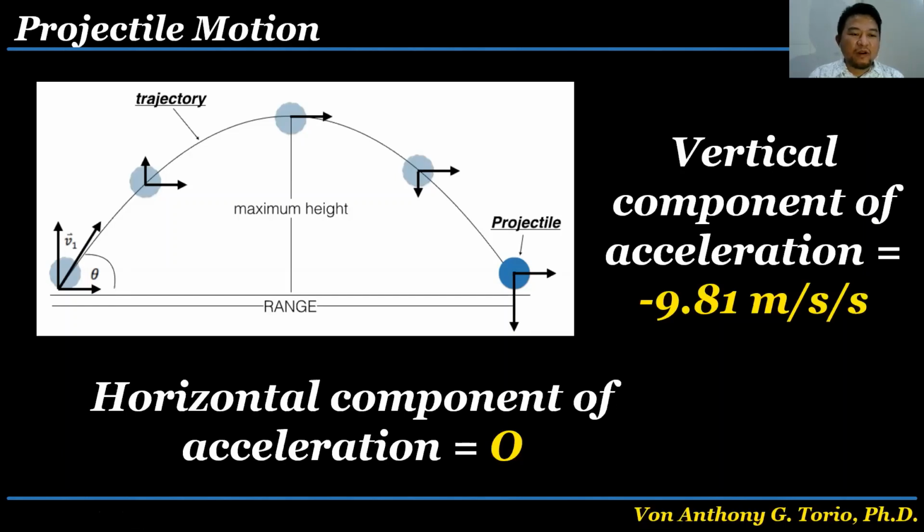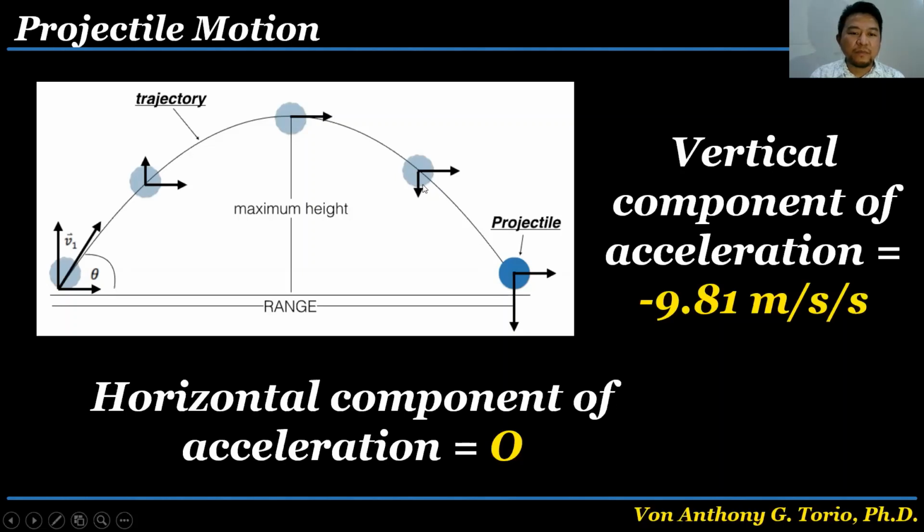However, if we talk about the velocity component along y, we notice that there is a change in velocity. That change in the velocity of the object is shown by the arrows getting smaller as the projectile moves up, and the arrows getting larger as the projectile moves down.